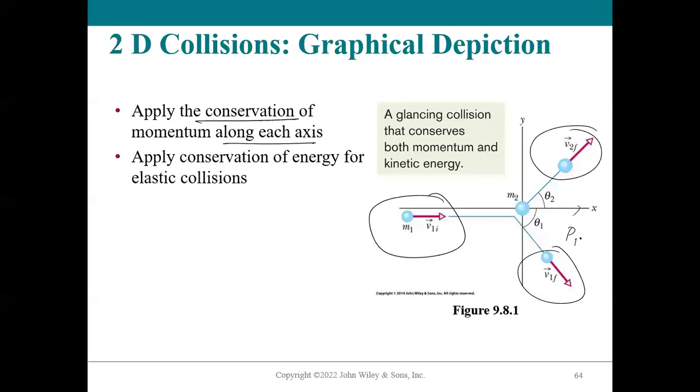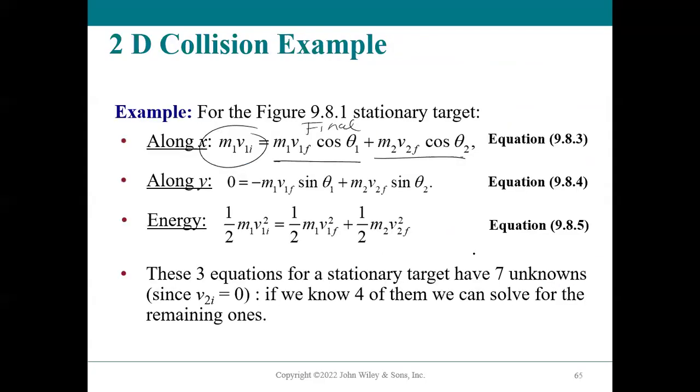So P1 final at the x-axis, and then P2 final at the x-axis. And here is P2 final at the y-axis and P1 final at the y-axis. So total momentum at the y-axis is equal to 0.